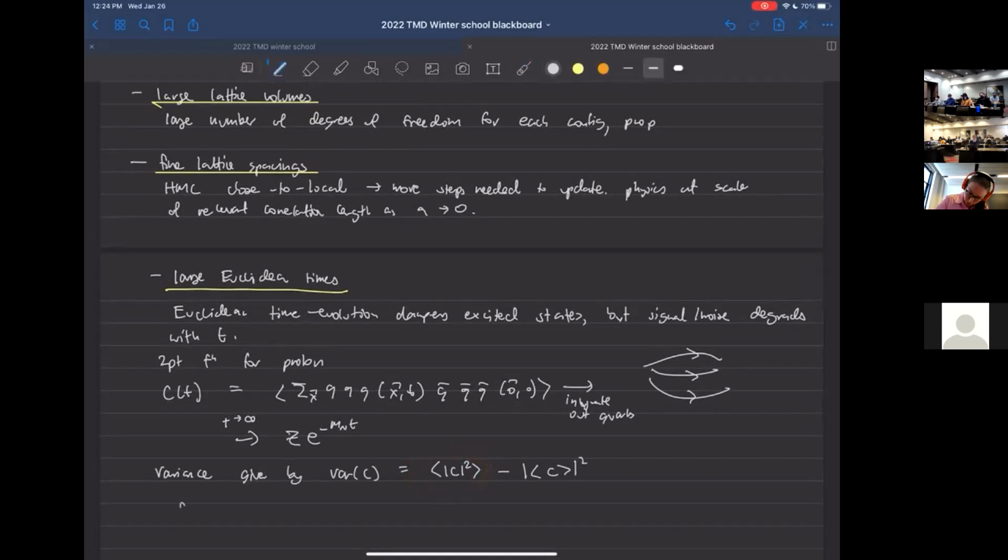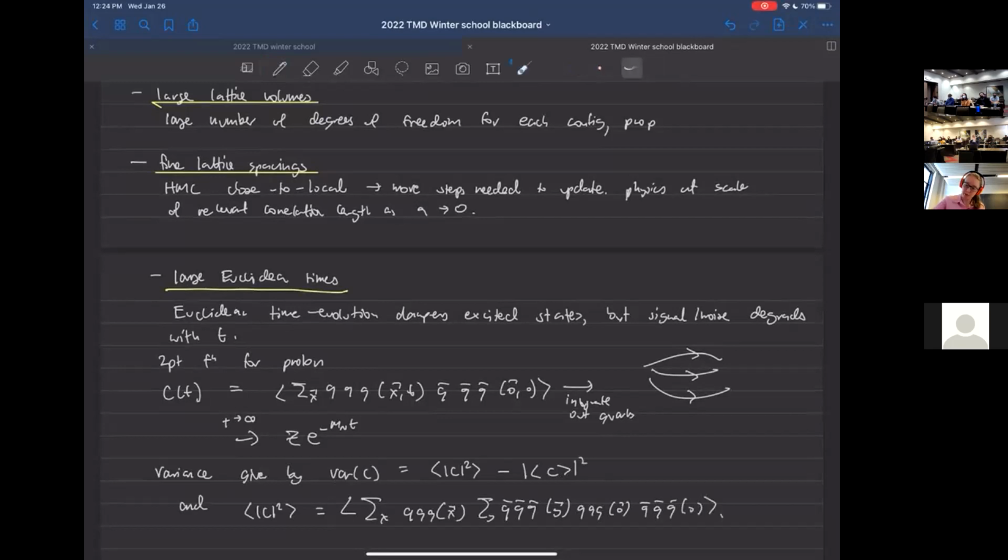So that will look something like this. We've got our QQQ. We've got our Q bar, Q bar, Q bar. We've got another QQQ at 0 and another Q bar, Q bar, Q bar.